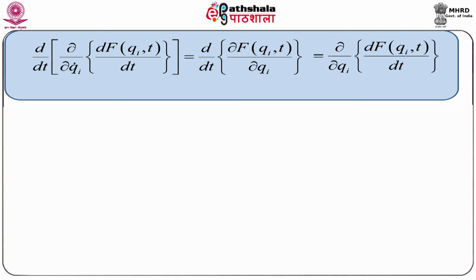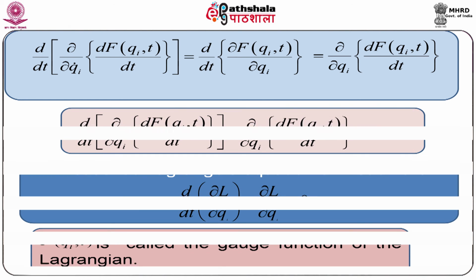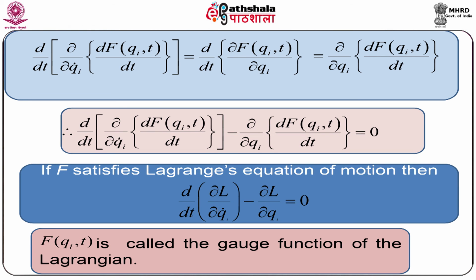Thus, d/dt of ∂/∂q̇_i of dF/dt equal to d/dt of, if we use the previous result here, we get ∂/∂q_i of capital F. Interchanging the d/dt operation and ∂/∂q_i operation, we get this result.